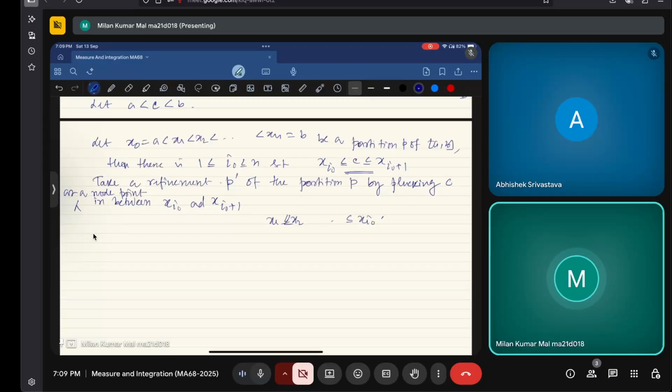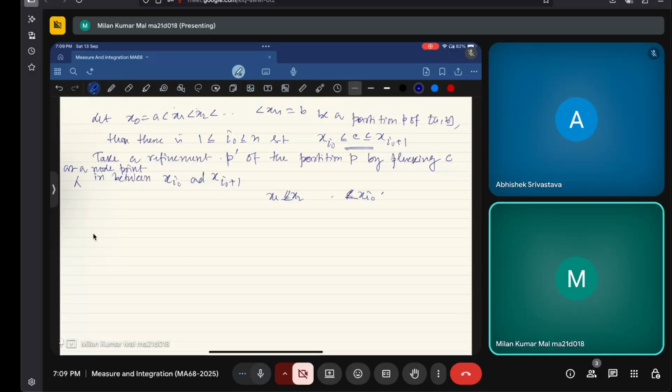If c is equal to any of these node points x_1, x_2, x_n, then we don't need to do anything. If c is not any of them, we consider a refinement of that partition by plugging c in as an extra point.